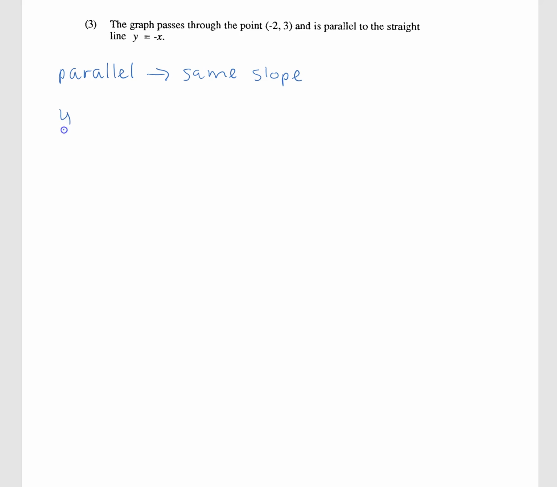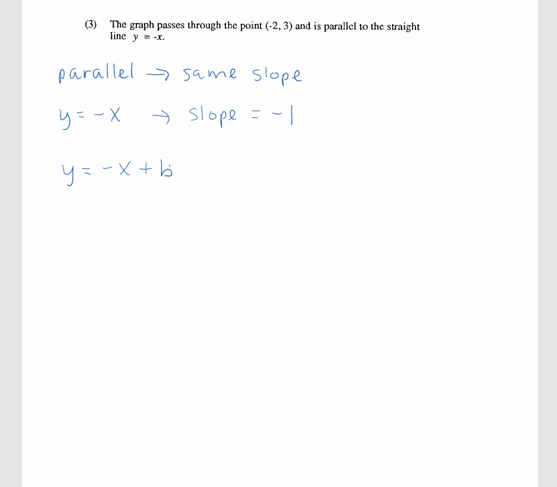So in our line y equals -x, our slope, or m, is -1, because the coefficient on x here is a -1. So this means that m, our slope for the line that we're interested in, is also -1. So the information we have so far for the equation for our line is y equals -x plus b.